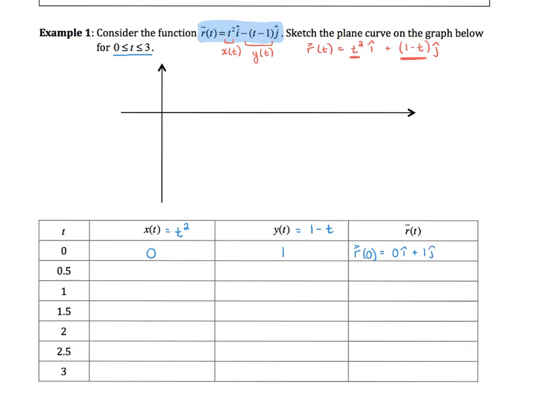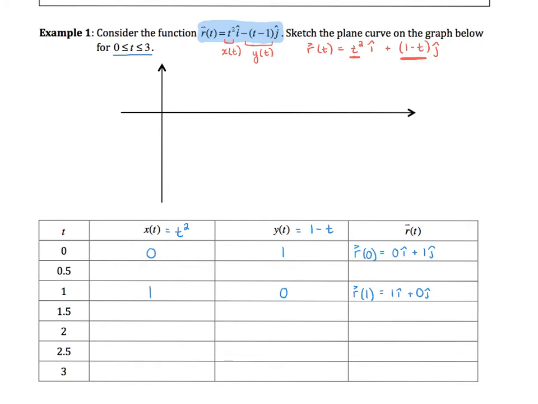So basically no horizontal component to this vector, just vertical. Now let's do the same thing for t equals 1. When t equals 1, x will be 1 and y will be 0. Oh, okay, so now we have the flip case, right? So when t is 1, your vector is 1 i hat plus 0 j hat.